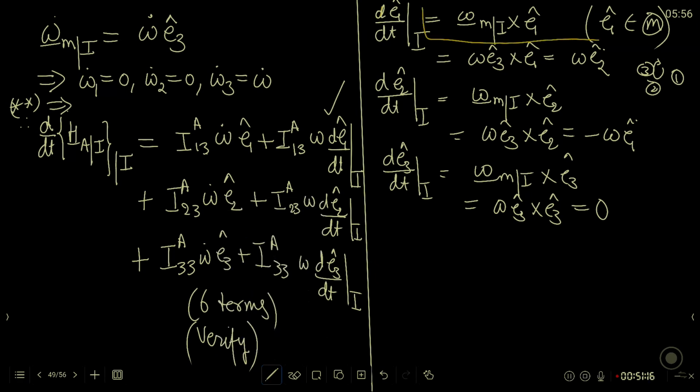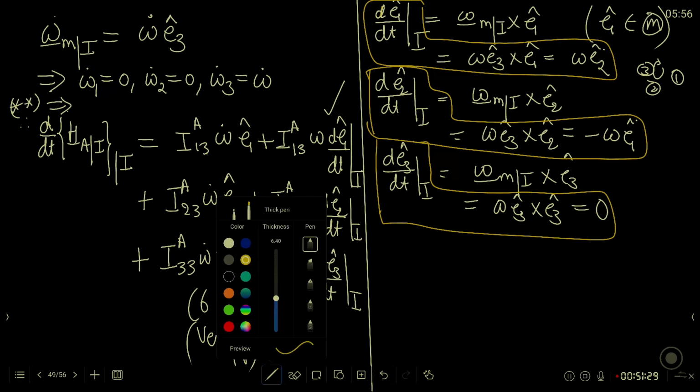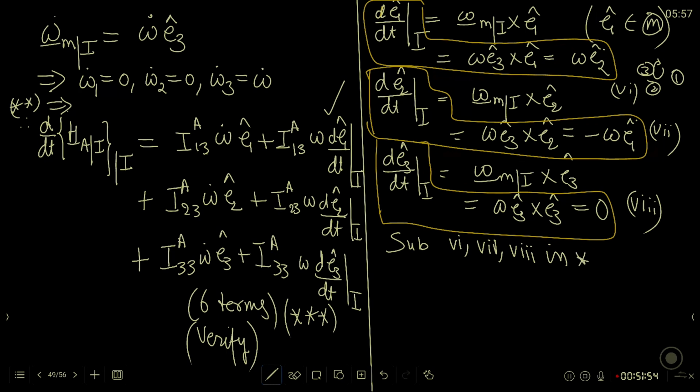Call it 6, 7 and 8. Let me call this equation as 3 stars. I'm going to substitute 6, 7 and 8 in 3 stars. Right? dE1 dt goes here, dE2 dt goes here, dE3 dt goes here.